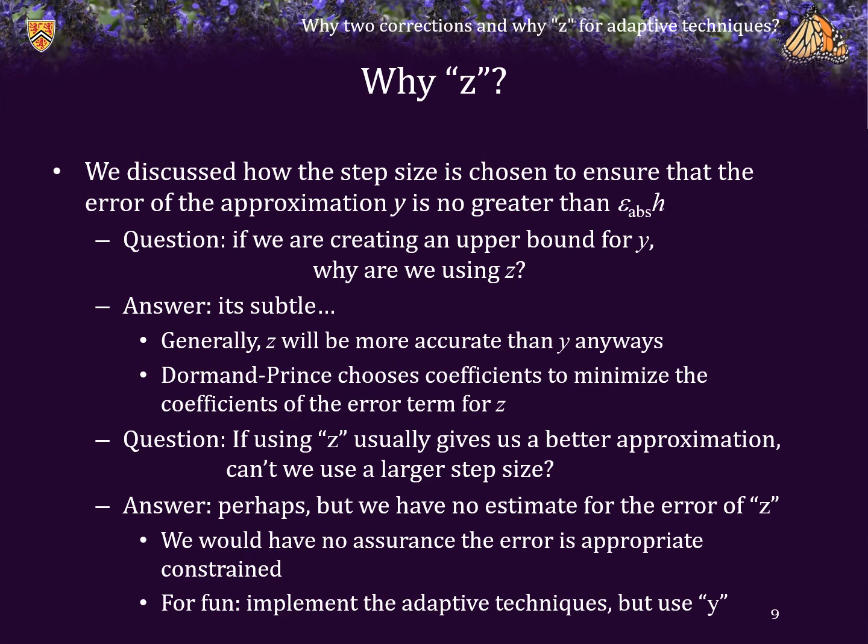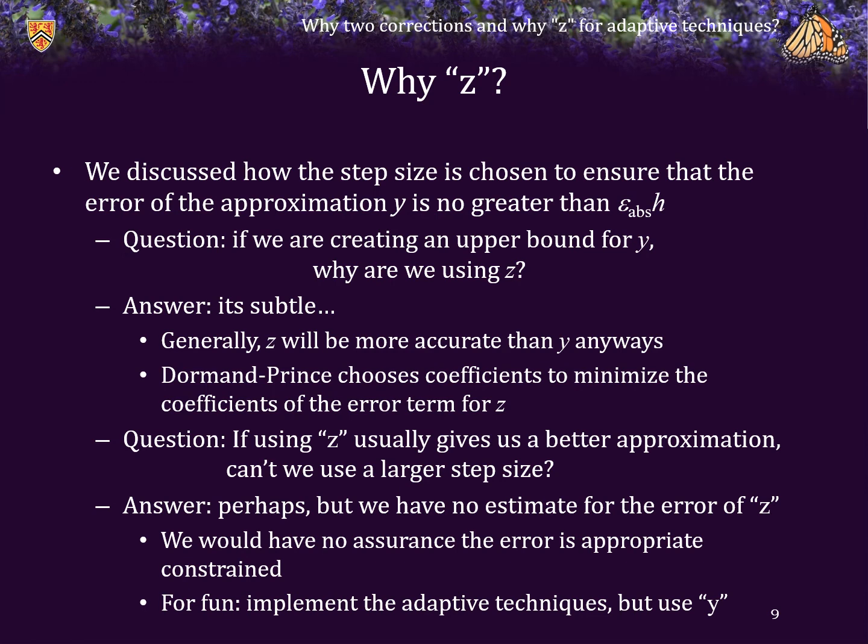Now, something that's fun, all of the online algorithms that are implemented for you use z. Well, what you can do is have them use y as the approximation, and you'll interestingly find that in fact this does actually work quite well.